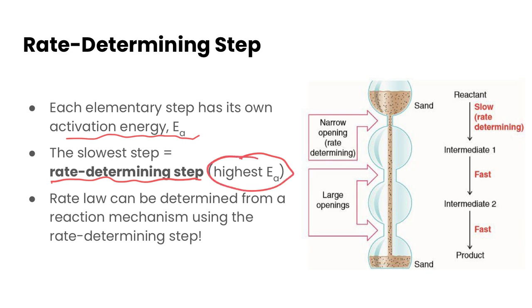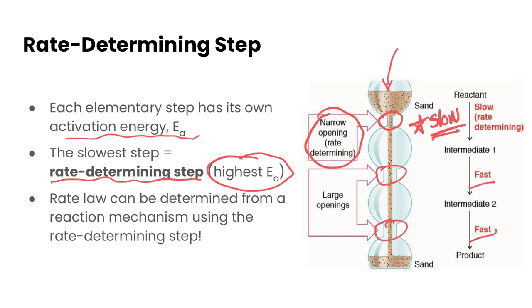So if, for example, we take our example here of putting sand down through this tube, you can see we got a really narrow opening here and a much wider opening here and here. So the narrow opening is going to determine our rate. So this is going to be the slowest step in our reaction mechanism, and then the other two would happen quite fast.